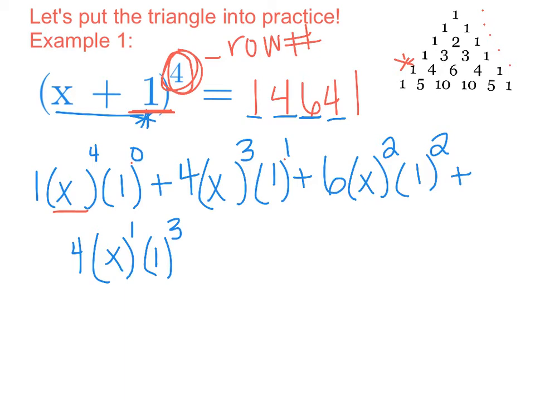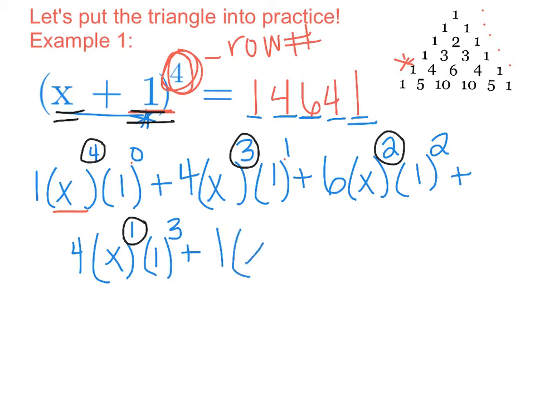So just remember that we started out with 4, and with 3, 2, 1. We're decreasing those exponents from x, and then the 1 we're increasing. So 0, 1, 2, 3. We got one more. So we're going to add it to 1 because it's our last term and our coefficient from our Pascal's triangle times x to the 0 and then 1 to the 4th.